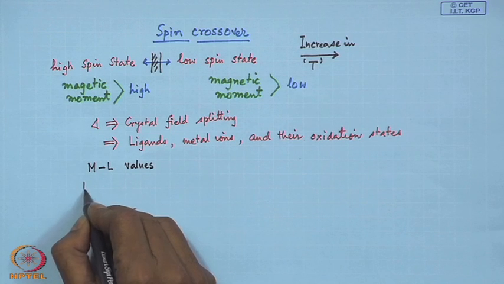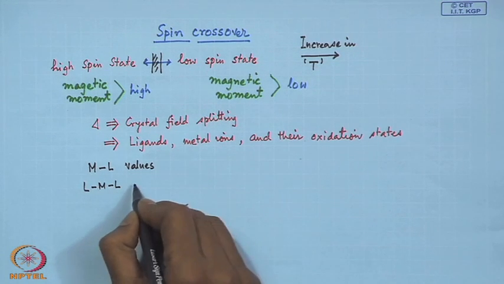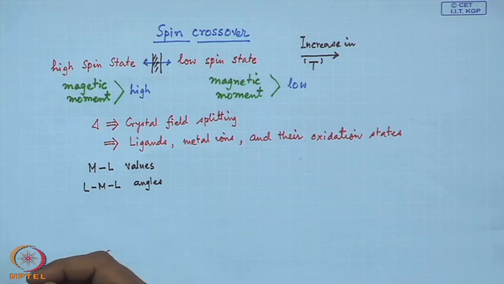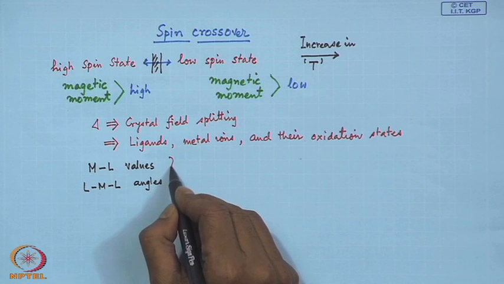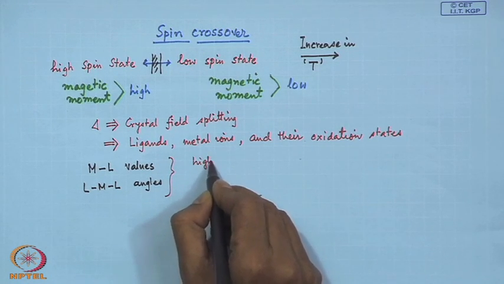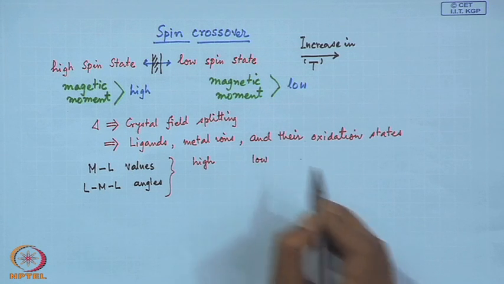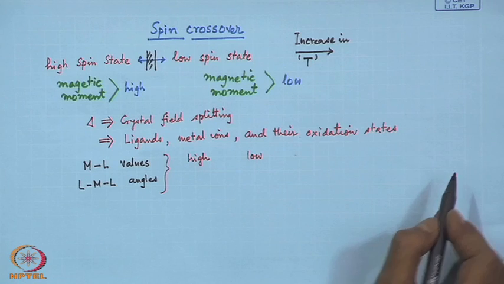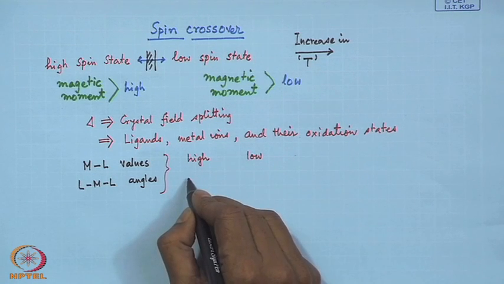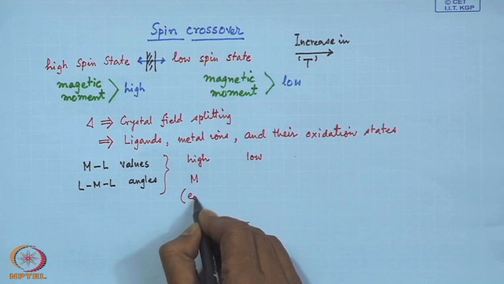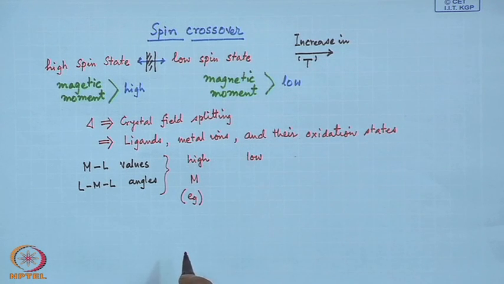That means, when we find out precisely the M-L values and also the L-M-L angle from the X-ray crystallographic data, we will see that in some cases these values are high and in some cases they are low. When metal ligand distances are high, definitely we have the metal center with e_g electron configuration.